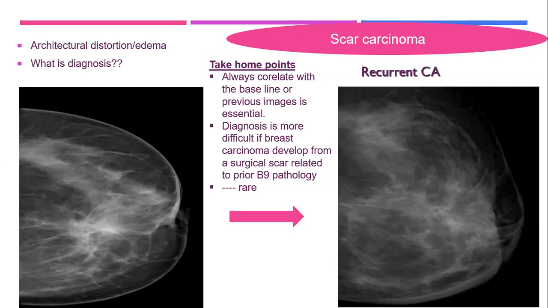Because for cancer pathology, you expect recurrence and you are going to look for that. But if the scar is due to prior benign pathology, you might miss the cancer because you already have distortion due to previous surgery.